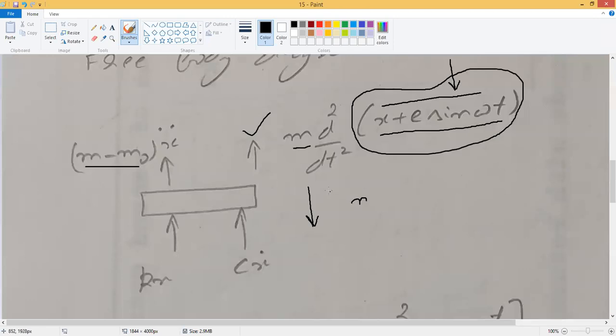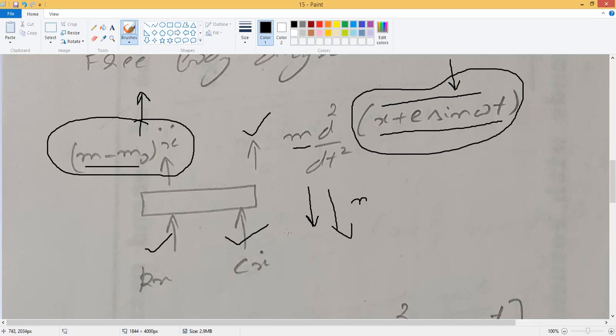Because the mass is moving downward, this much is going to be the inertia force, which is oriented in the upward direction. And then as the spring is getting compressed, the spring is going to produce additional force in the upward direction, and so is the damping force.